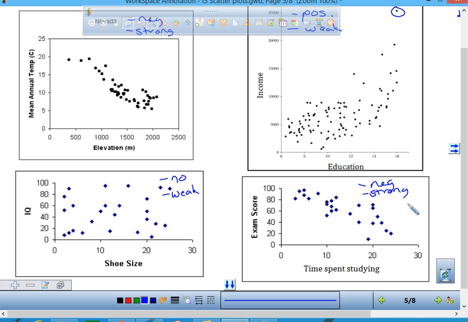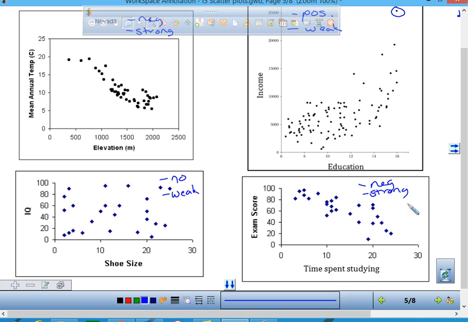So if you were to summarize the data in here, you could say what? As the elevation increases, what's happening to the temperature? The temperature is decreasing, right? Okay, so that's what you would say about this one. As the elevation increases, temperature decreases.